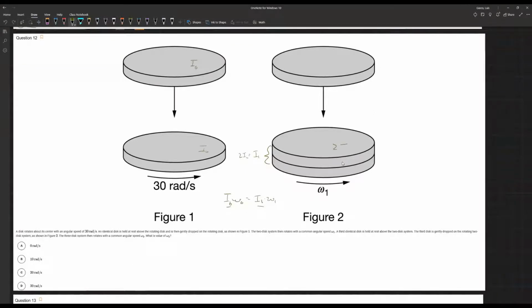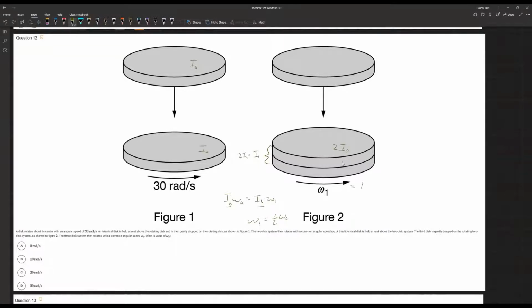So this is really 2 I naught. And so when we stack these two, we find out that the velocity here, omega 1, is really 1/2 the original angular velocity. The I over 2 I naught is going to reduce to 1/2, and the I's cancel.